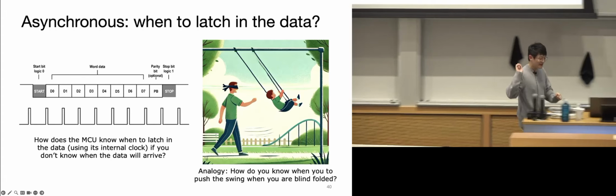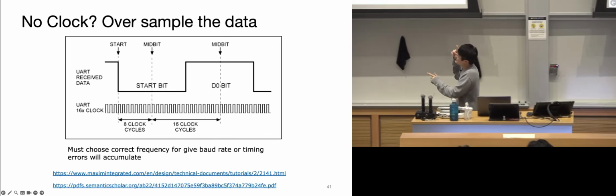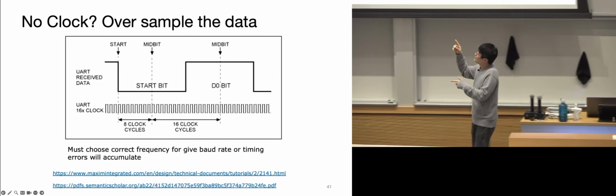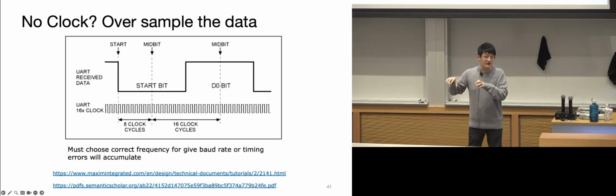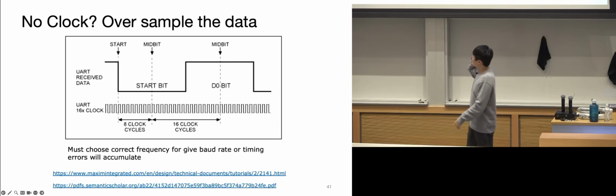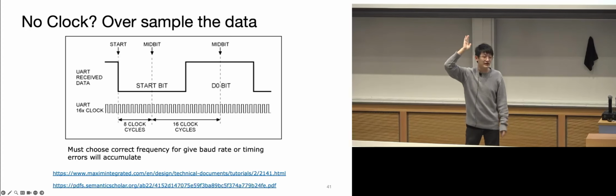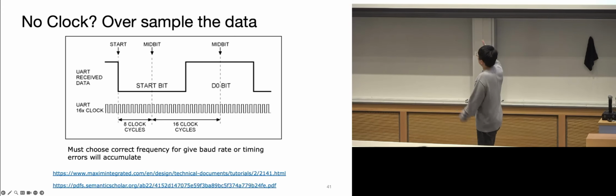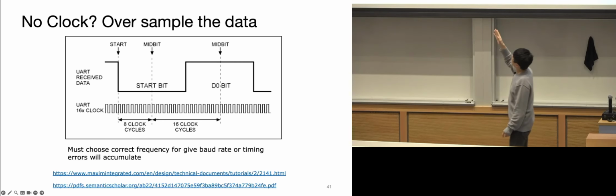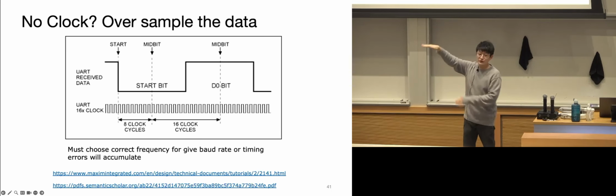To put it in a more technical perspective, this is actually what it does. You just sample the UART clock, meaning the clock from the device itself, on the receiver side, way faster than whatever baud rate or communication rate you agreed on between the two devices. In practice we do 16 clock cycles faster, usually at the high.